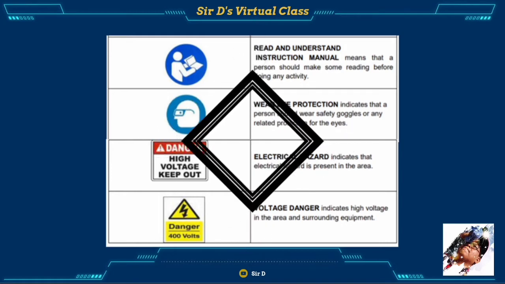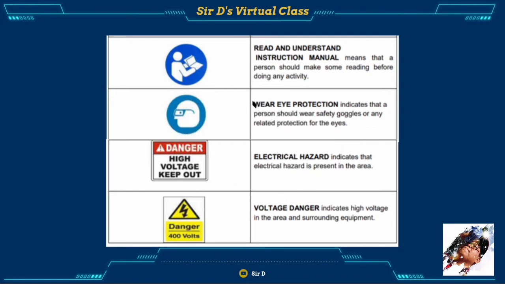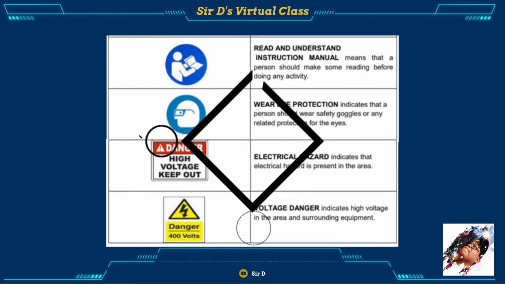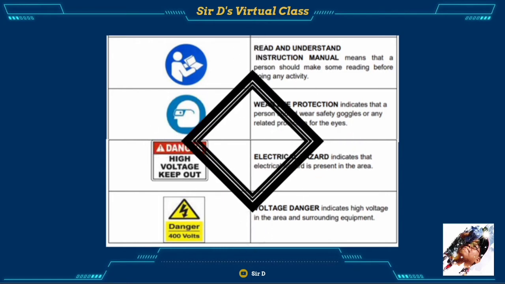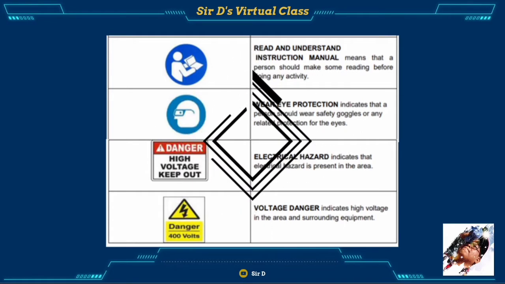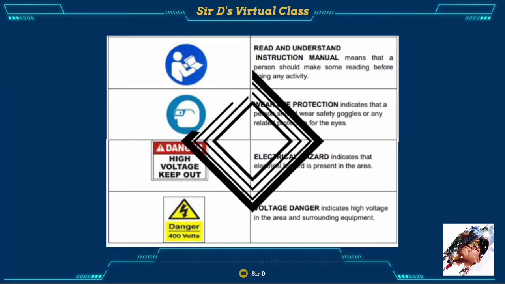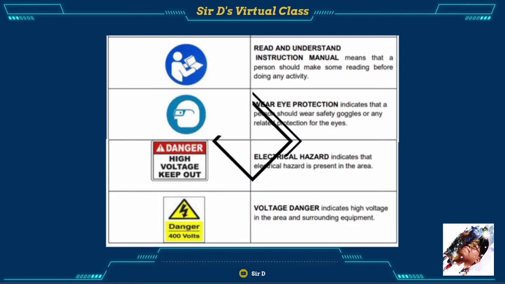And then we have the electrical hazard sign, represented by a danger sign followed by the text "high voltage keep out". It indicates that an electrical hazard is present in the area. And then lastly, we have the voltage danger sign. It indicates high voltage in the area and surrounding equipment, represented by this yellow and white electrical sign having a text saying "danger 400 volts".